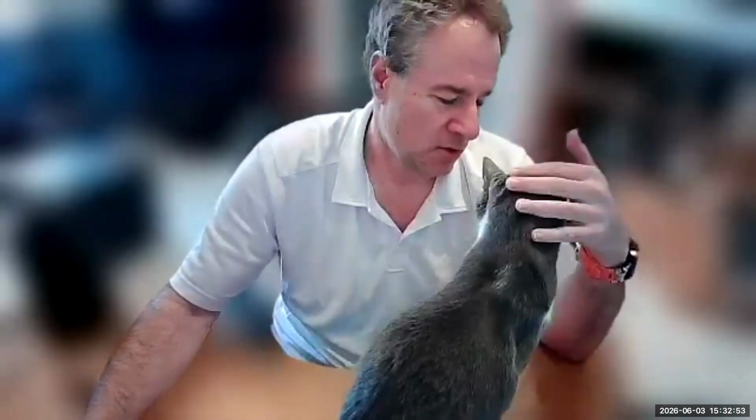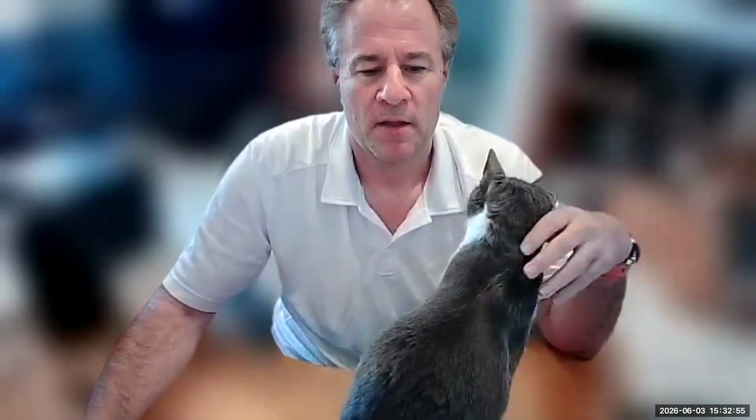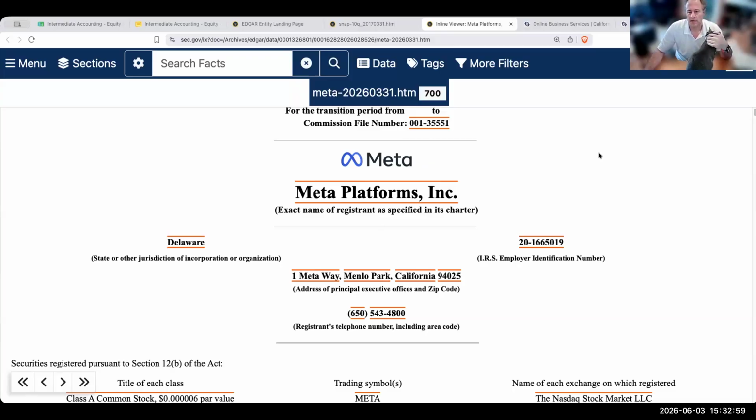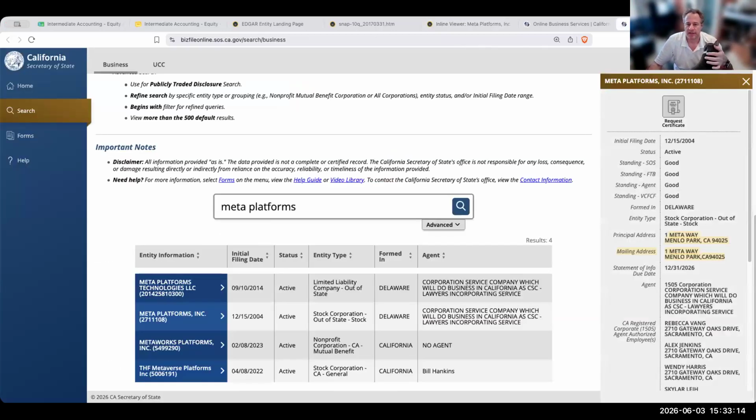Okay, so now coming back over here to looking at Meta Platforms, it is incorporated in Delaware. However, at the same time, if we go to the California Secretary of State, where all corporations have to register, it is also registered in California.